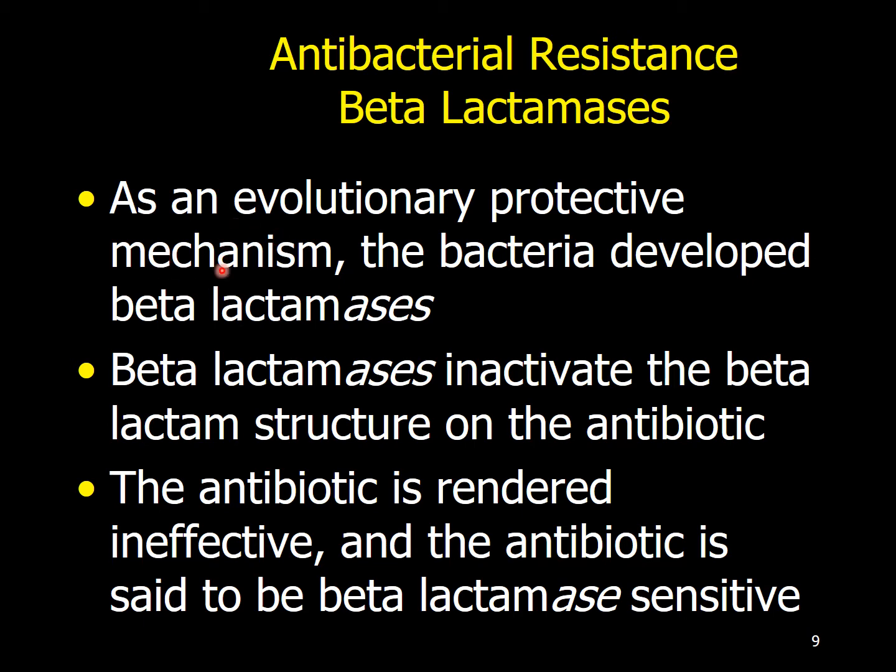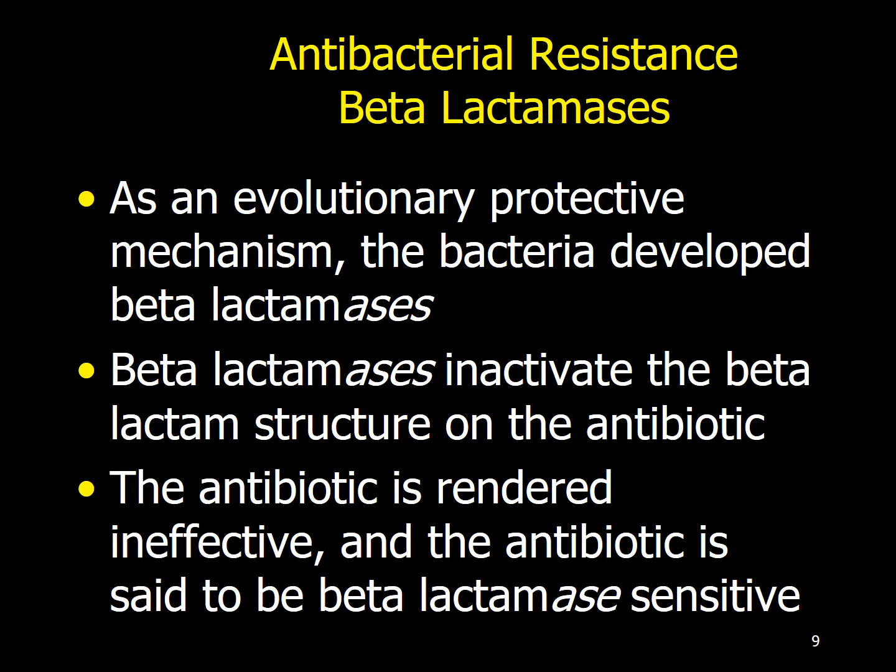The bacteria started producing beta-lactamases because beta-lactamases can kill or inactivate the beta-lactam structure on the antibiotic. If you have a patient with an infection with a bacteria and you give the patient a beta-lactam antibiotic, if that bacteria that the patient has can produce beta-lactamases, then the beta-lactamase will inactivate the beta-lactam structure on the antibiotic.